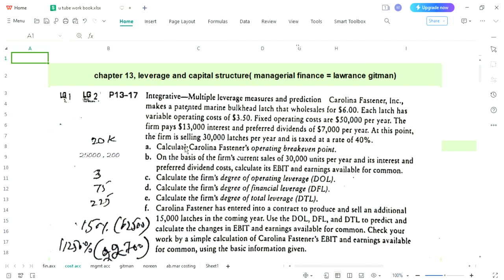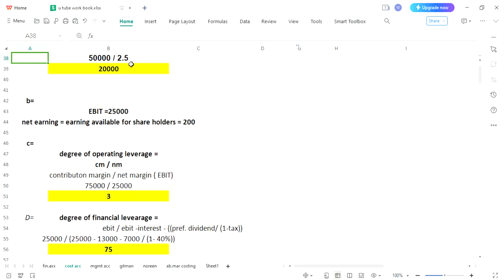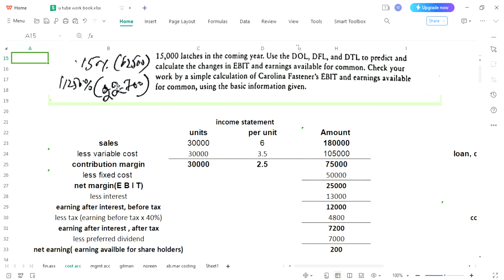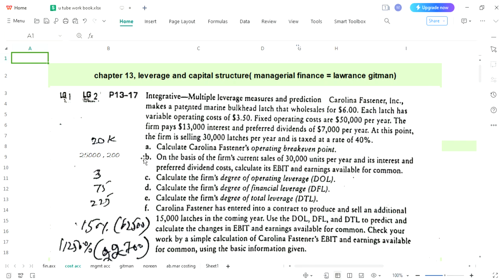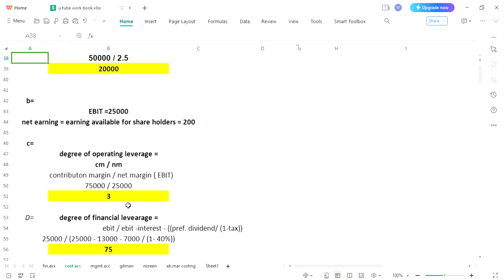We have A, B, C, D, E, F parts. For A, the answer was 20,000. Then you have seen the B part, the answer is 25,200.